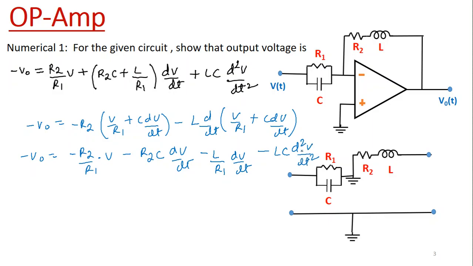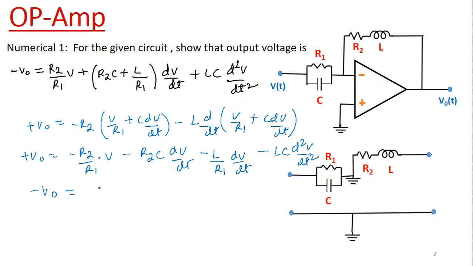Now in the right hand side, all the terms have a negative sign, so we can move this negative sign to the left hand side, and we again get minus V0.